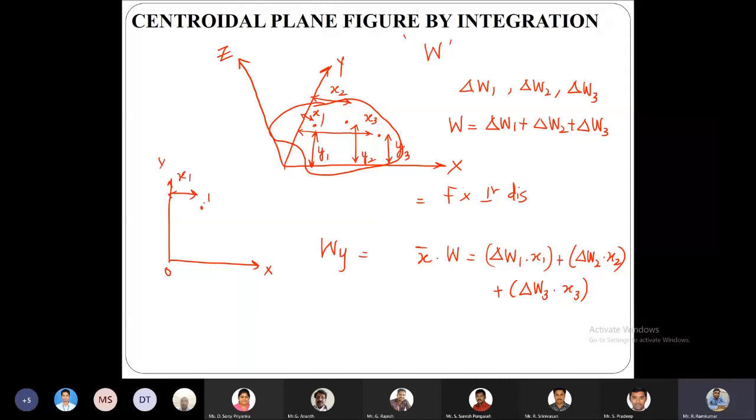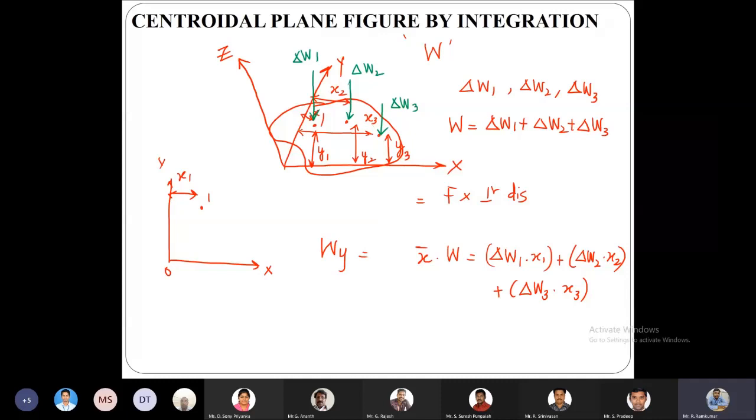We said that the force is getting concentrated at point 1 with the intensity del W1. So this is del W1, and then at point 2 we have del W2, and here it is del W3.